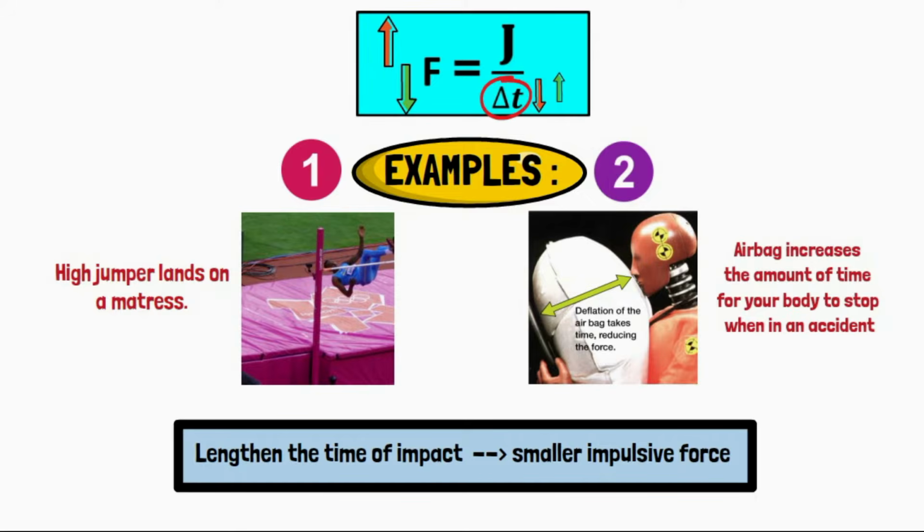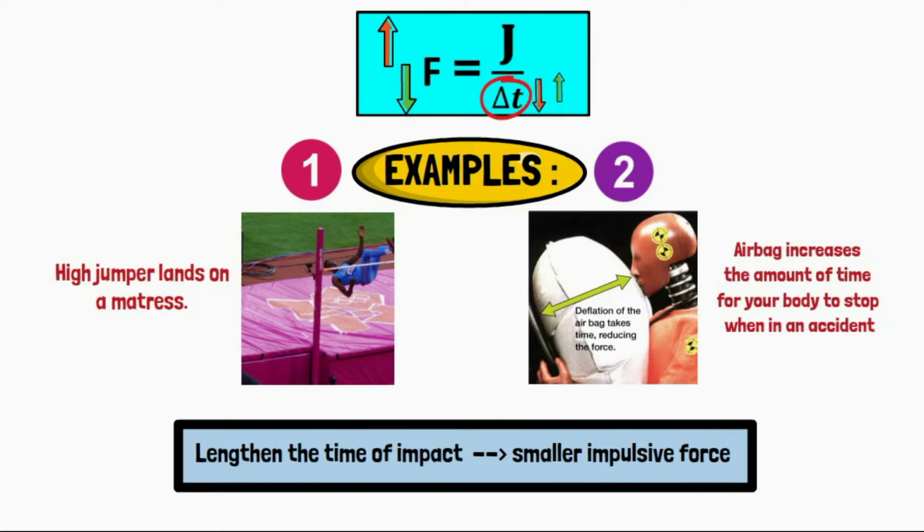Sama juga seperti airbag. Okay, kenapa bila accident airbag akan keluar? Kerana airbag salah satu safety untuk increasekan the amount of time for your body to stop. Okay, pelanggaran antara badan awak dan juga airbag akan memanjangkan masa pelanggaran, so akan menghasilkan impulsive force yang lebih kecil antara badan pemandu dan juga steering kereta contohnya.